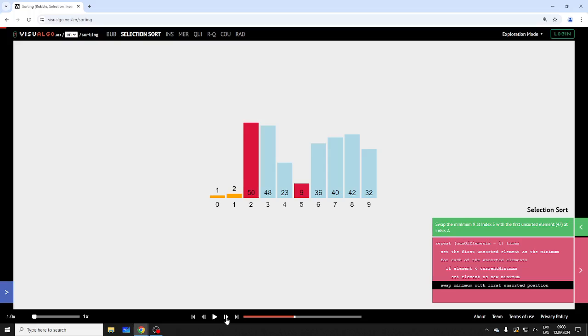Okay. So the idea of Heapsort is, well, we're still going to use this idea of going through and finding the minimum or maximum. But what if we could use another structure to pick the current minimum or maximum immediately? It turns out there is such a structure. It's called a heap.